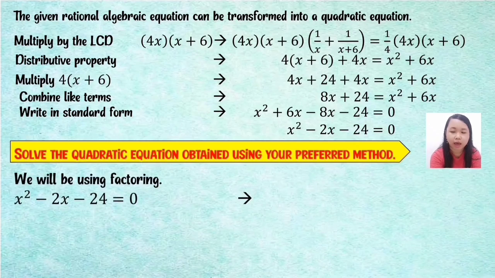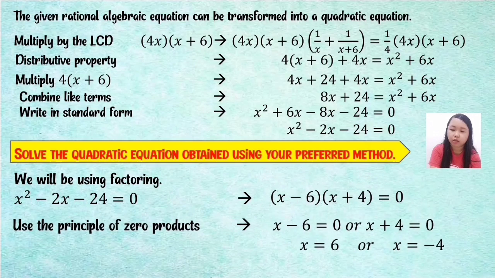So again, by factoring. Factored form is x minus 6 times x plus 4. Using the principle of zero products, x minus 6 is equal to 0 or x plus 4 is equal to 0. Transpose negative 6, the answer is x is equal to 6.